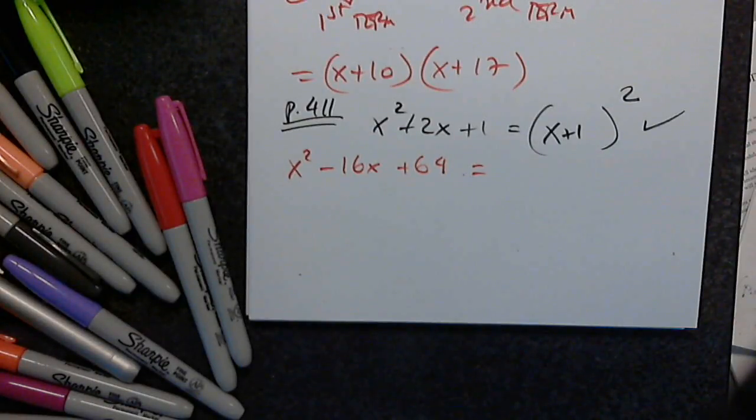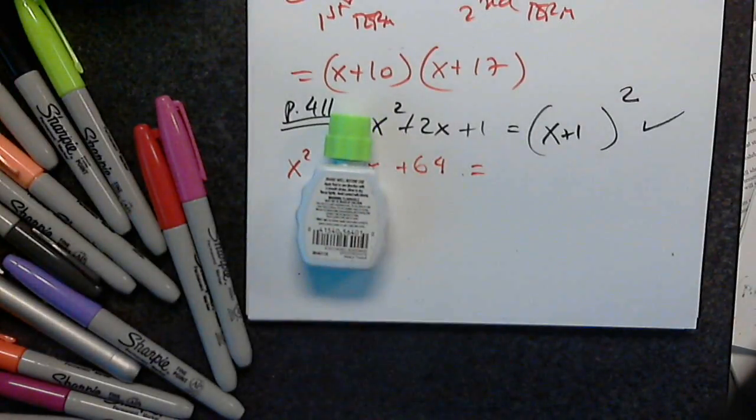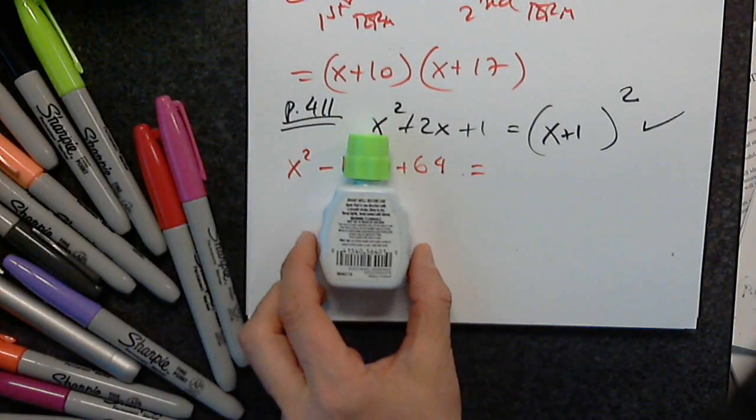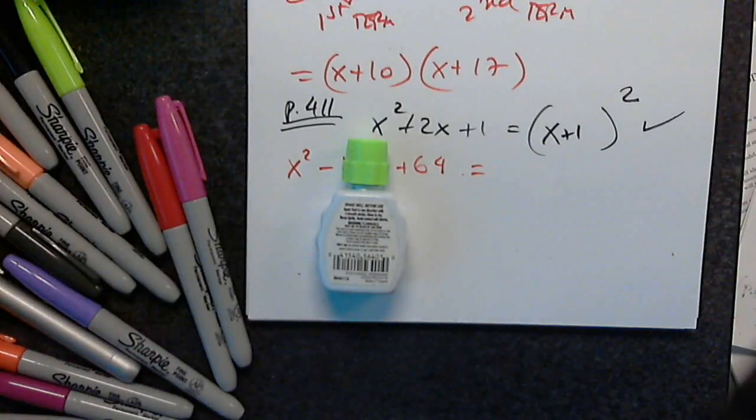So the answer is no. Negative leading coefficient. No. Special product. Yeah. So what do I hope for? I'm sorry, I should have not covered the sign. What is my hope?